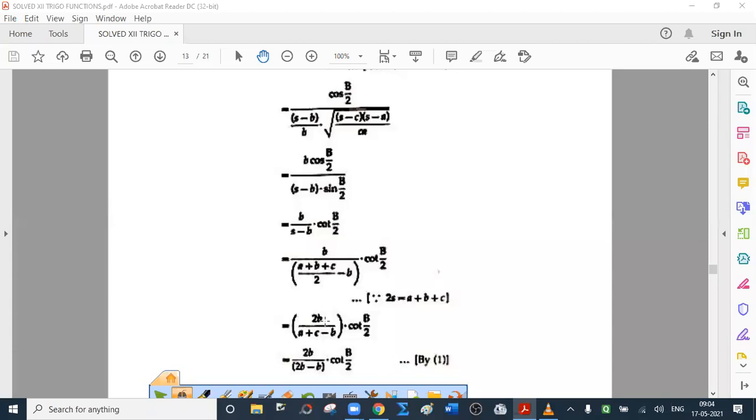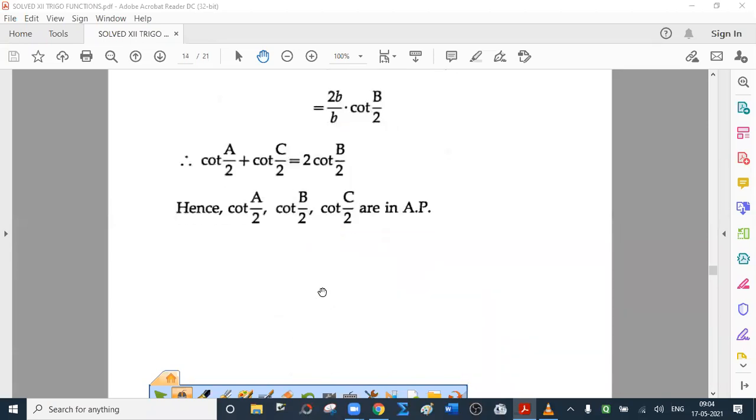So a plus c can be replaced by this. So what I get is just 2 cot B by 2. Means cot A by 2 plus cot C by 2 is twice cot B by 2. When does this happen? This happens when cot A by 2, cot B by 2, cot C by 2 are in arithmetic progression. And we are asked to prove this only.